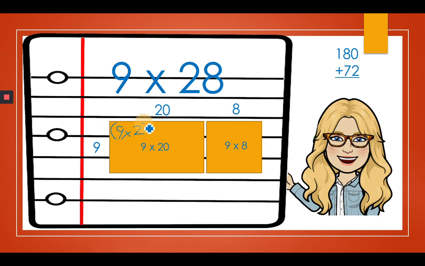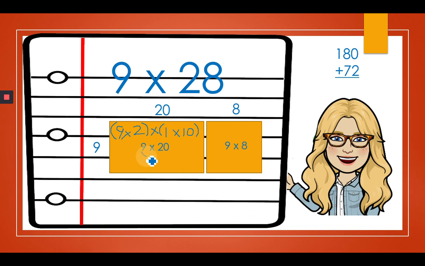Sorry about my messy mouse writing. 9 times 2, and then we're going to multiply the 10. We've taken the 10 right out of it. You may have seen this earlier in our math lesson. So this is what we're going to do, but it's going to be a lot easier than that.